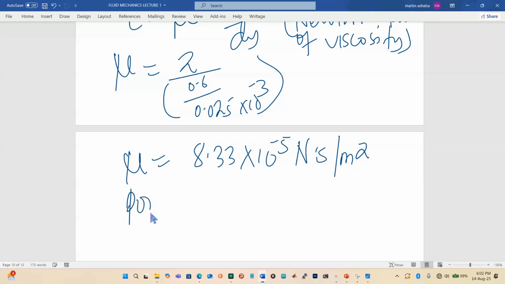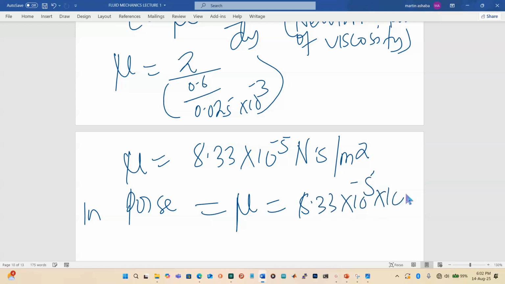So in Poise, nu will be 8.33 times 10 power negative 5 times 10. So this becomes 8.33 times 10 power negative 4 Poise. So that's how we can calculate that.